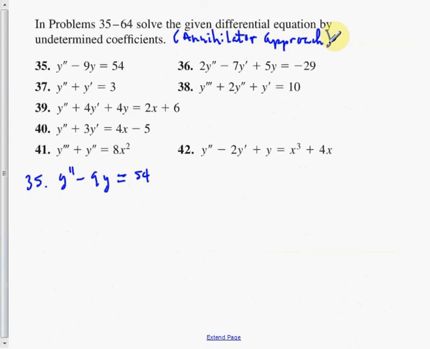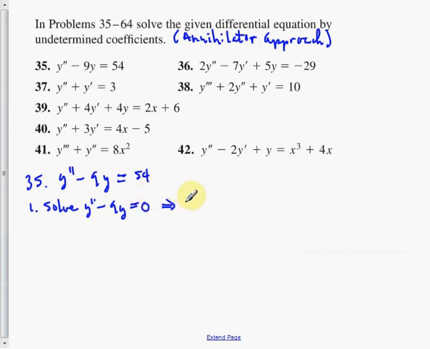So here's the first thing we're going to do. First thing you're going to do is go ahead and solve, like you did in the previous method, the homogeneous differential equation. So we solve y double prime minus 9y equal to 0.